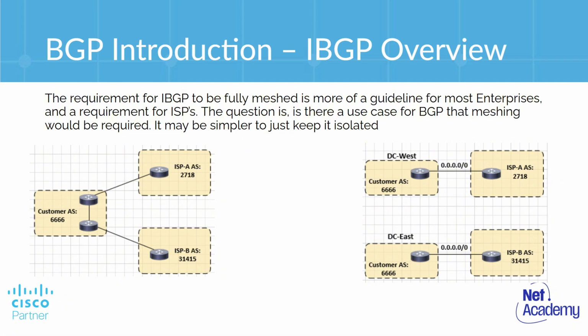In that case, I'm probably not sending up the same block of routable IPs. If I'm not expecting, for example, DC West to fail to DC East or vice versa, I probably do not need IBGP between them. There is no continuity between the two that would require it.